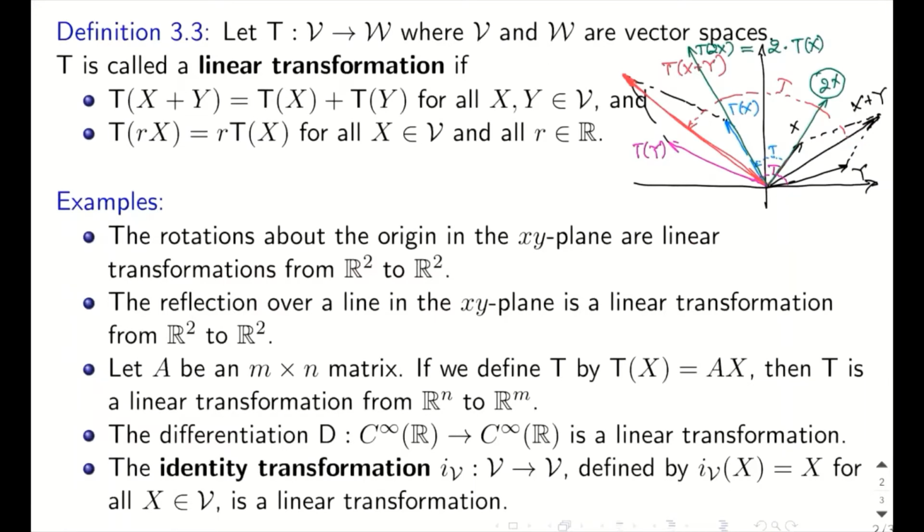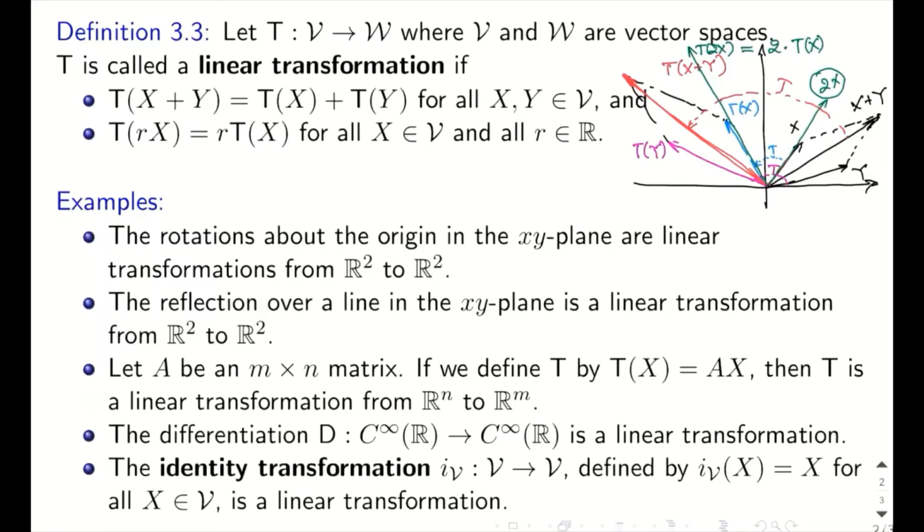So it will transform a parallelogram into another parallelogram. And so the diagonal of the first parallelogram will get transferred into the diagonal of the resultant parallelogram. And because the parallelograms are preserved, the summation will be preserved as well. So that's why it preserves the addition structure.